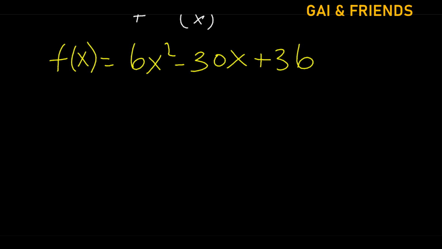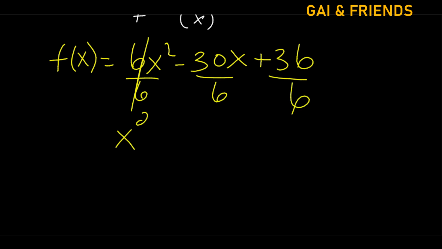Let's isolate 6 because 6 is a common factor. When you divide by 6, you get x squared, 30 by 6 is 5, so minus 5x, plus 36 by 6 is 6.